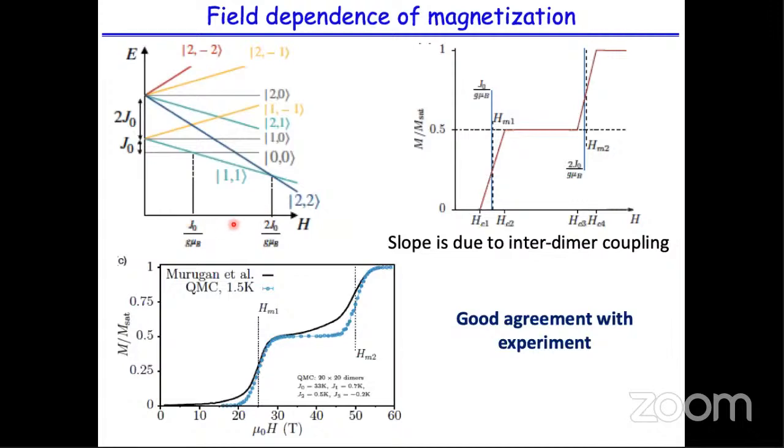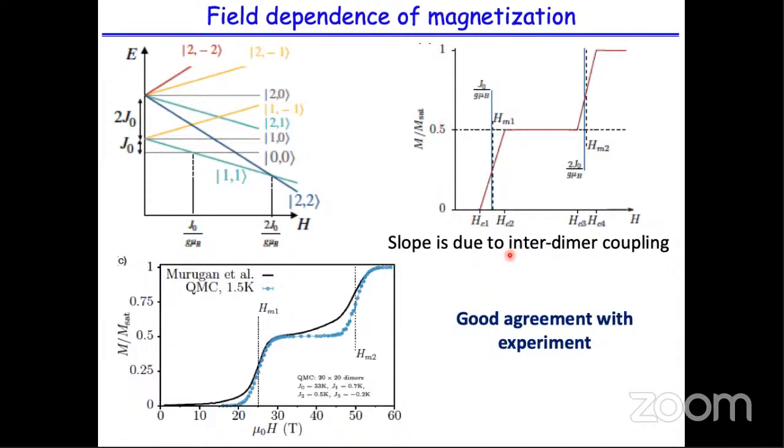So that means if we apply a field and try to see the magnetic saturation, as you can see, this is M by M saturation, because the final value has all the spins parallel. We consider the saturated value as 1, so don't get confused, because while all are parallel there are spin values of 2, but we have plotted here M by M saturation. That's why we have 0.5 and 1 values.